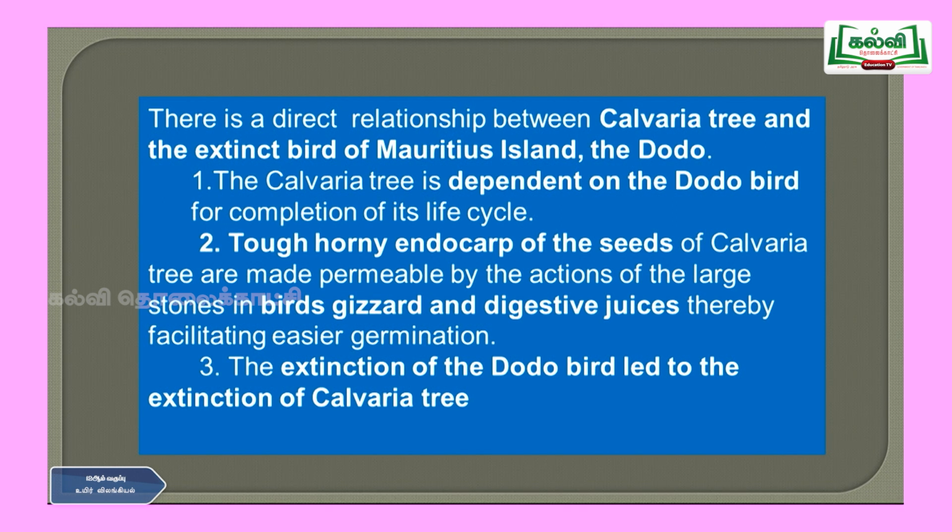So in this, the Calvaria tree is dependent on the dodo bird for the completion of its life cycle, and the tough horny endocarp of the seeds of the Calvaria tree is made permeable by the actions of the large stones of the bird's gizzard and digestive juices, thereby facilitating easier germination, and the extinction of the dodo bird led to the extinction of the Calvaria tree. So that is the relationship, how it has caused the loss.